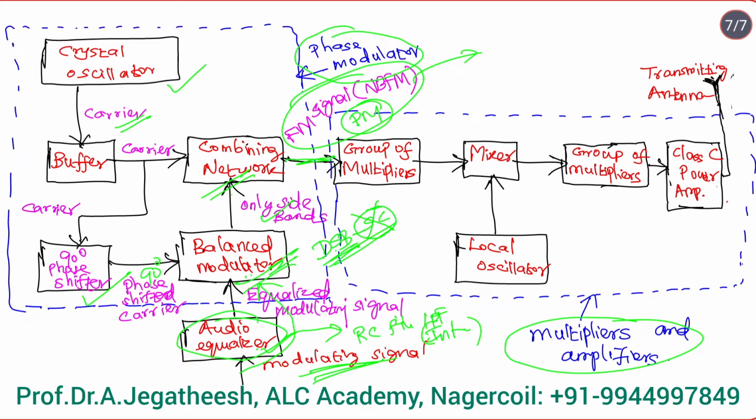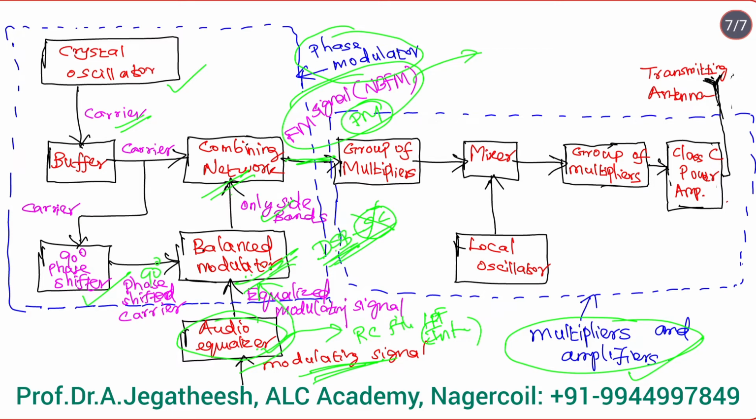But the output of the combining network, that is the FM signal, has very low frequency. So the frequency can be increased with the help of the multiplier and amplifier circuit.